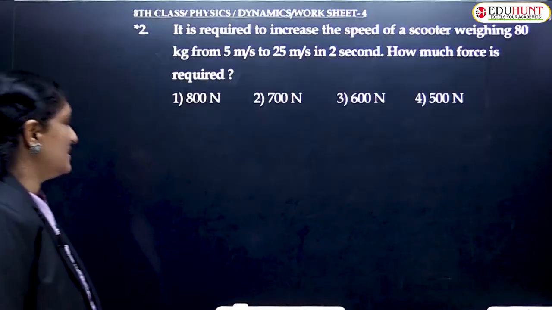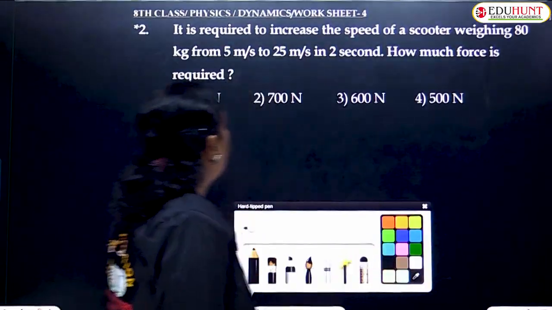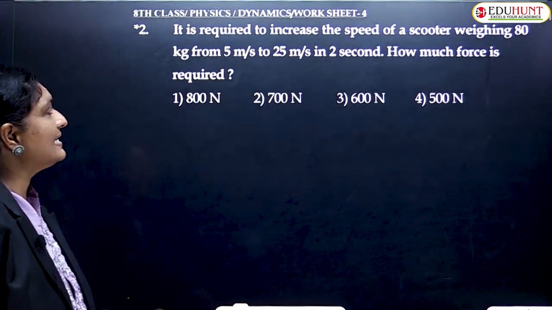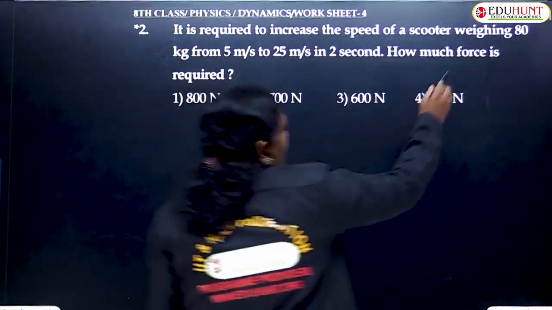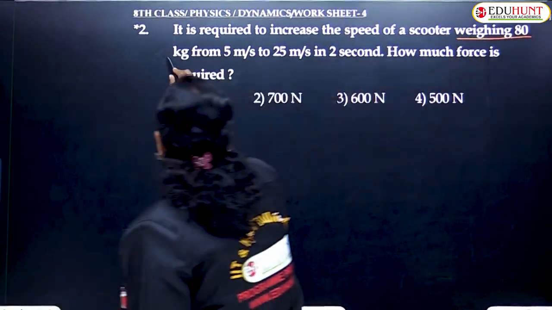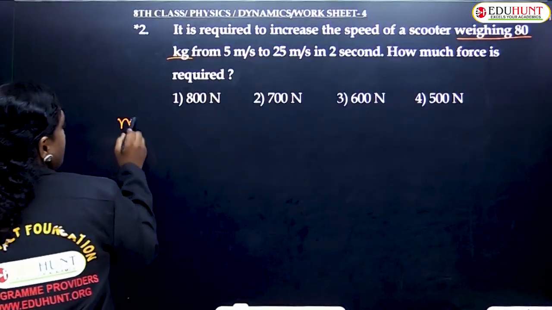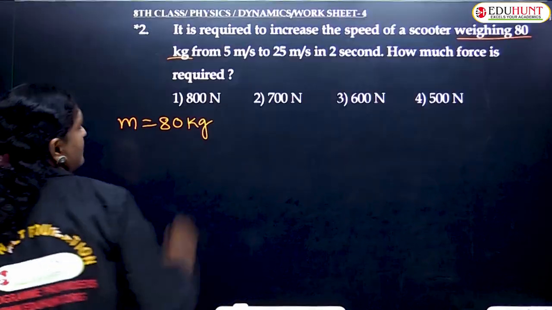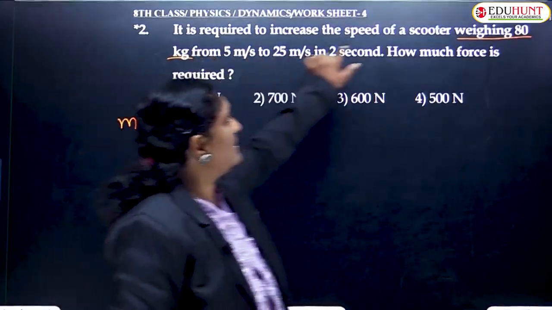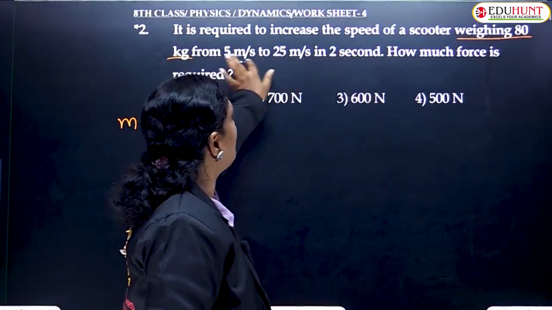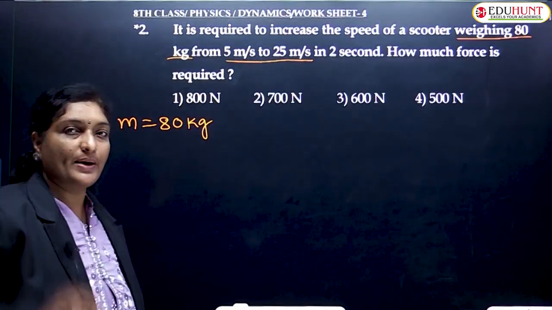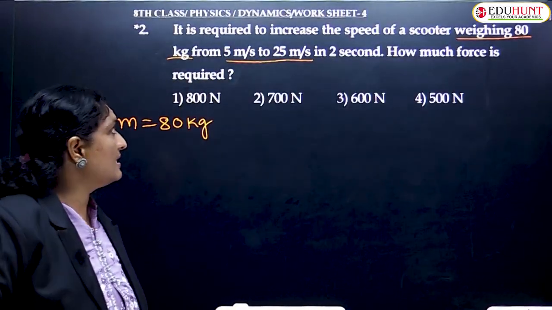Moving to the next question, it is required to increase the speed of a scooter weighing 80 kgs. Weighing 80 kgs, what does that mean children? This means the mass of the scooter is given as 80 kgs, and the speed of the scooter is to be increased from 5 meter per second to 25 meter per second. So two different speeds are given children.